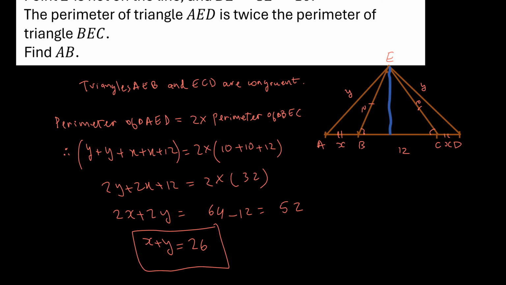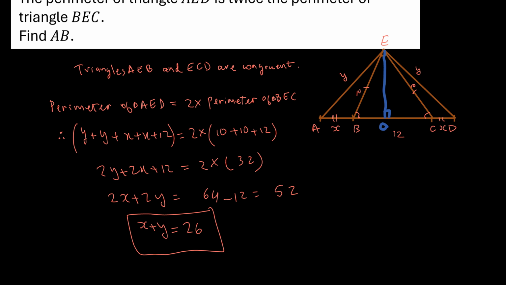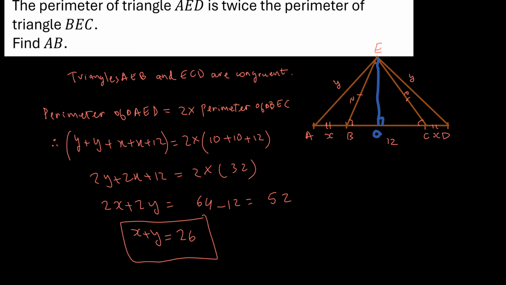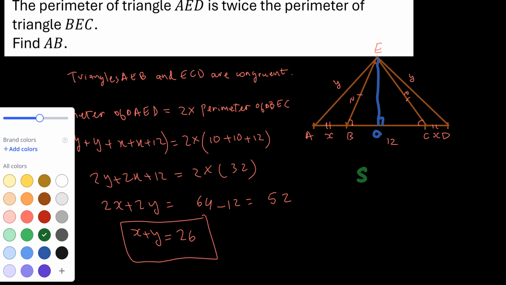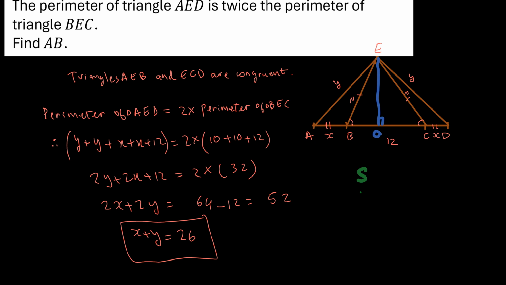If I draw this perpendicular and I call it, say, EO, suppose EO is perpendicular to BC.